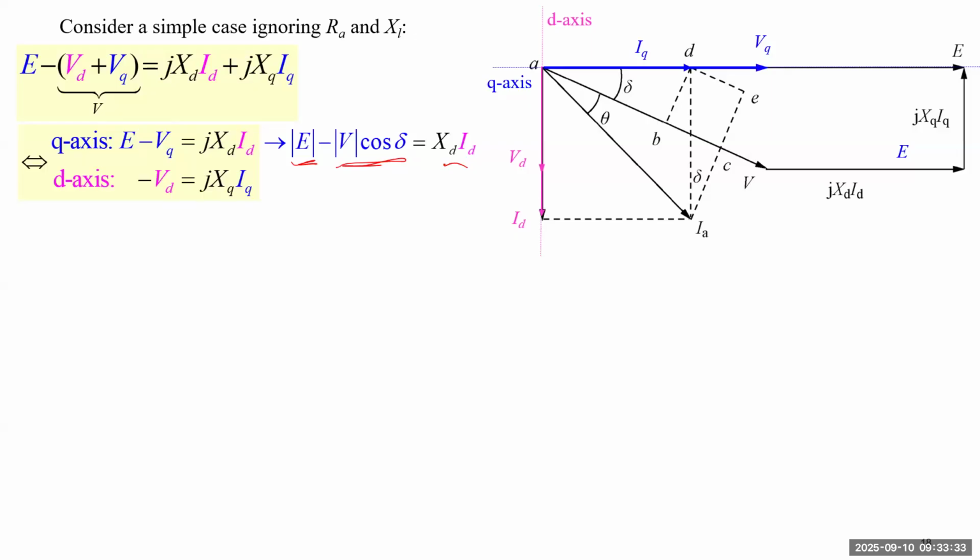So this RMS value of E minus the voltage multiplied by cosine delta, which is exactly VQ, and the remaining part will be this voltage drop, which is equal to this component. That's what this first equation tells.